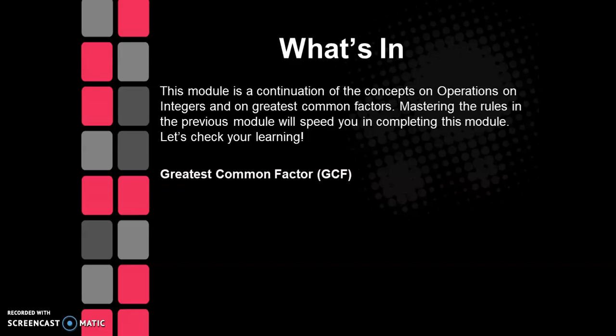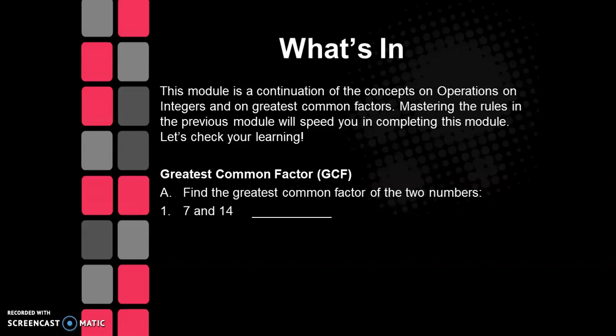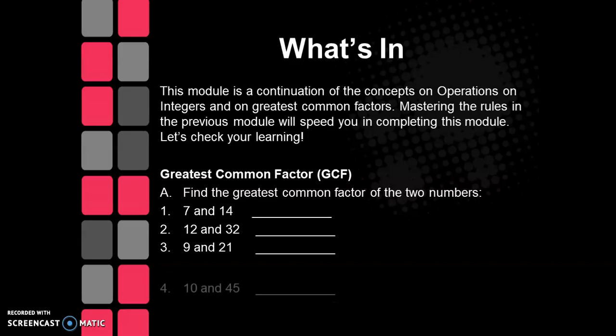Greatest common factor, or the abbreviation for that, is GCF. Letter A, find the greatest common factor of the two numbers. Number 1, 7 and 14; 2, 12 and 32; 3, 9 and 21; 4, 10 and 45; 5, 4 and 28. We are going to get the GCF of the following numbers.